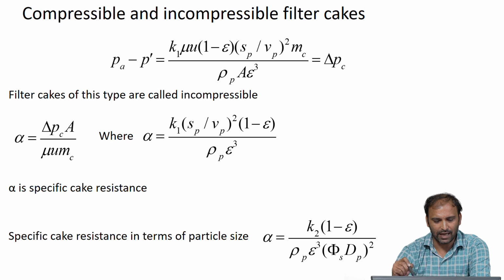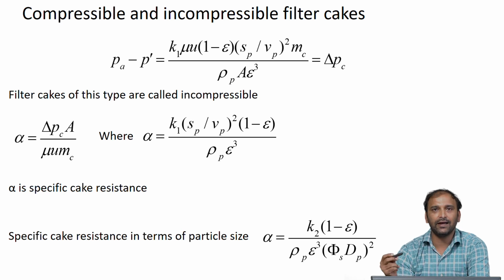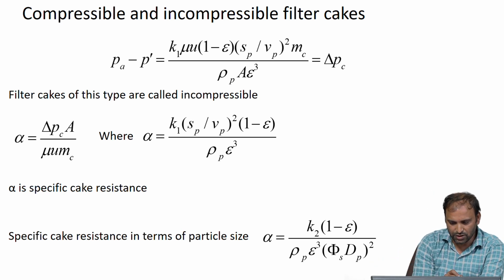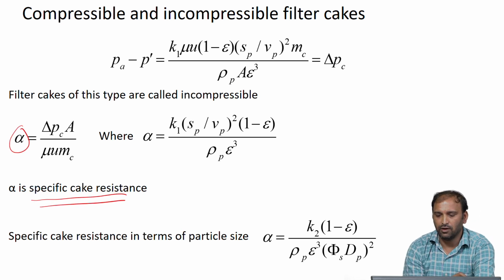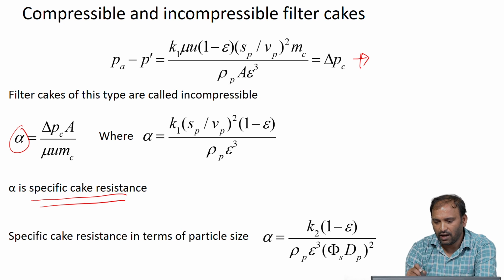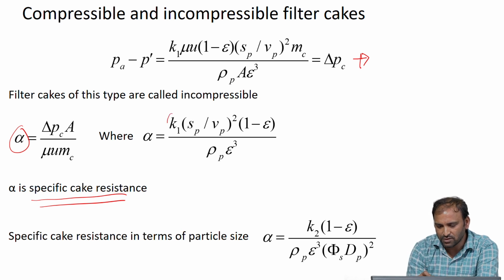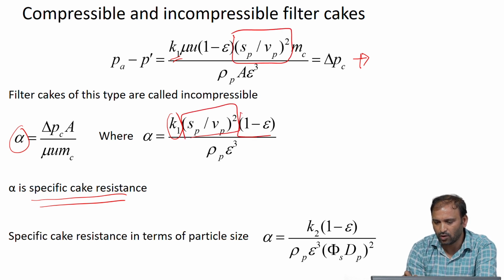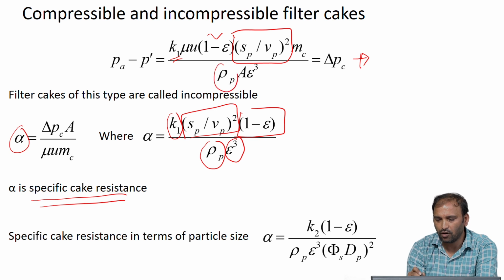Now what I can do is define a particular quantity, which is called the specific cake resistance, okay, which essentially is me manipulating this expression. I club a lot of constants together, so there's k1 there, Sp by Vp whole square, that's here, 1 minus epsilon, that's here, and rho p into epsilon cubed, all of these things.